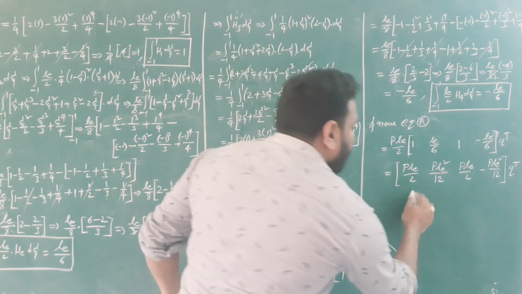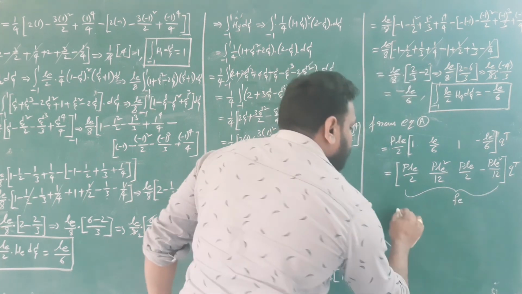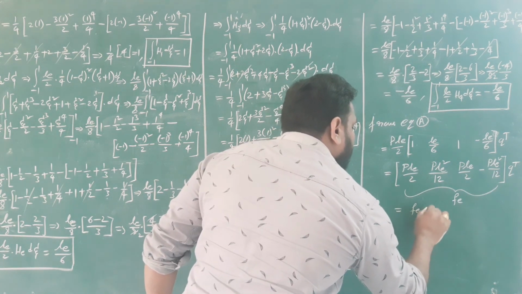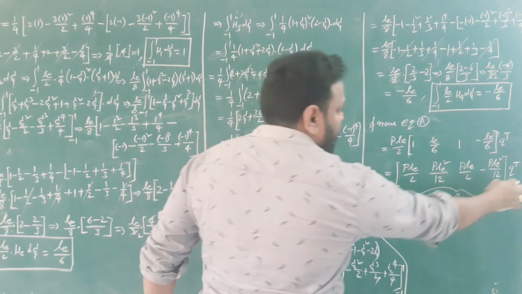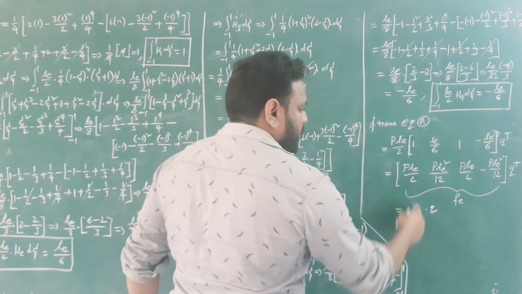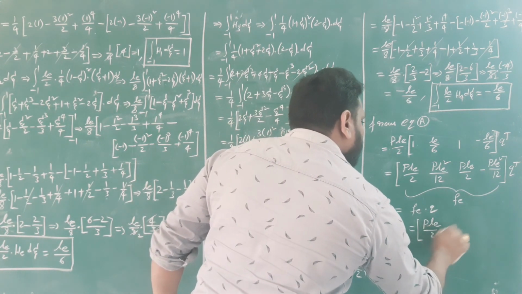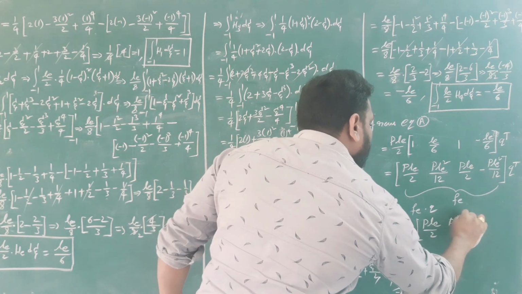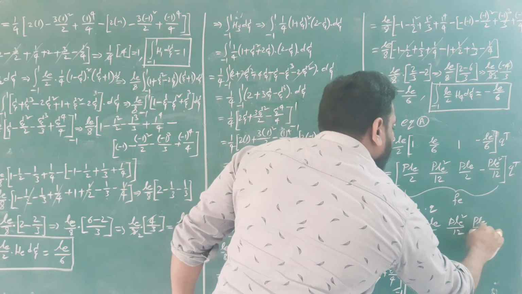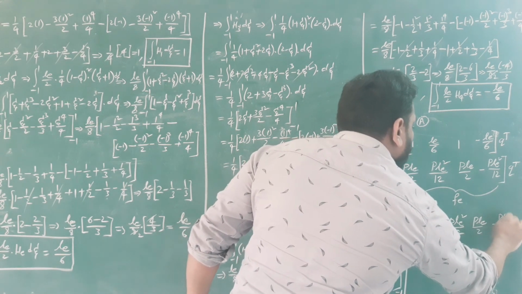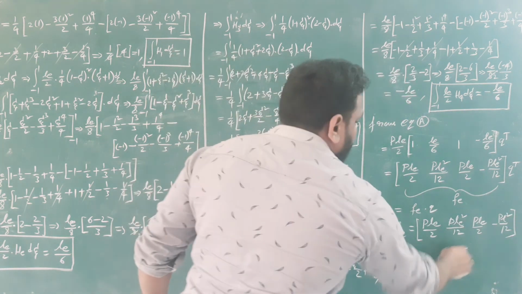So this is the force vector Fe, just like Fe into Q, where Fe is P LE by 2, P LE square by 12, P LE by 2, minus P LE square by 12. So this is the final equation we got.